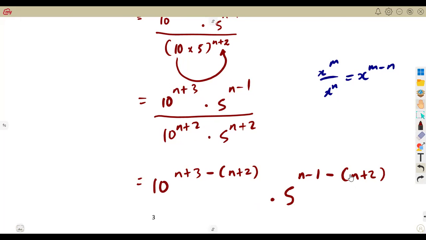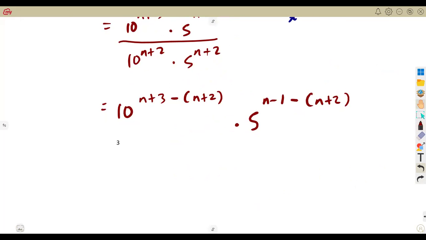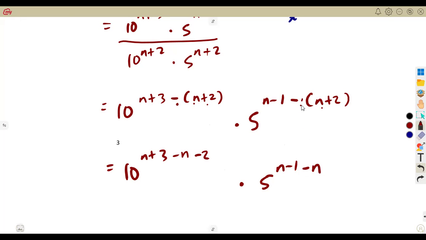So expanding these brackets so that we can simplify, that's 10 to the exponent of n plus 3, minus n, minus 2. For the 5, n minus 1, let's multiply. Negative 1 times n, negative n, negative 1 times 2, negative 2.